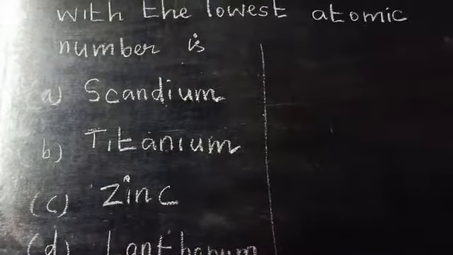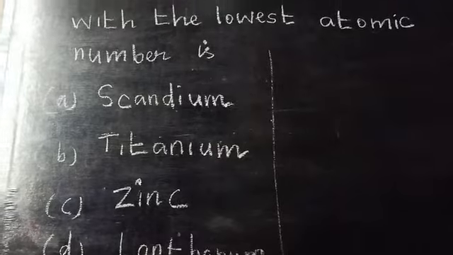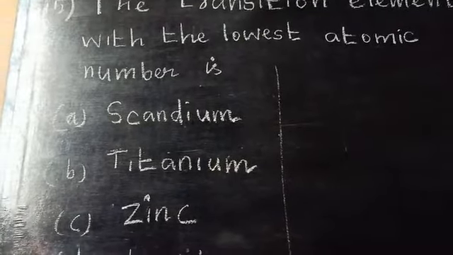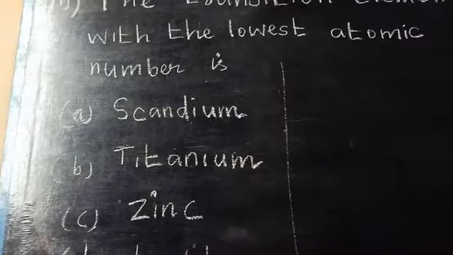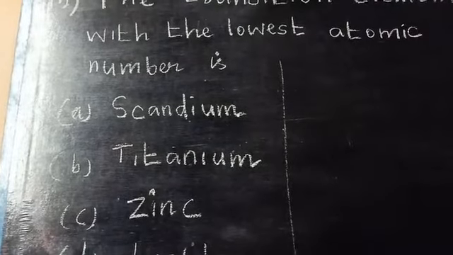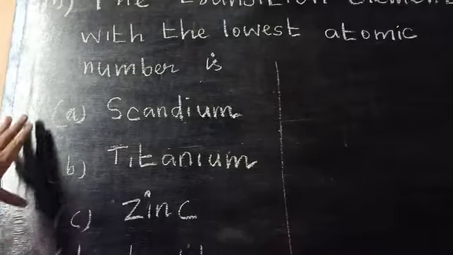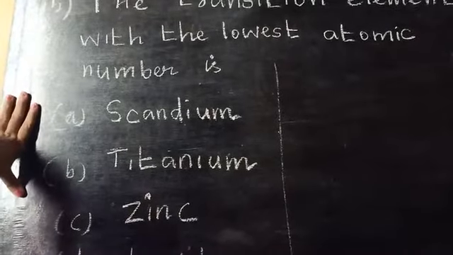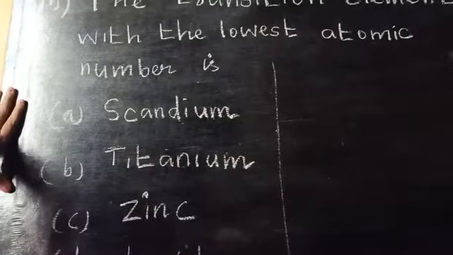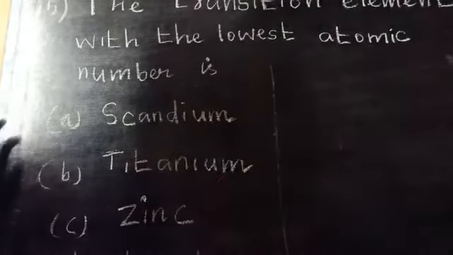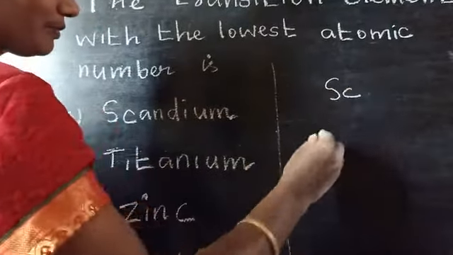This is the final question. The transition element with the lowest atomic number is, okay, s block: the first element is hydrogen. Okay, children. In d block, the transition elements, the first element is, you see here, scandium.